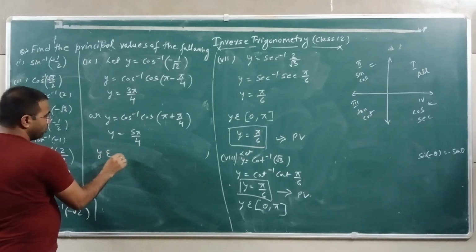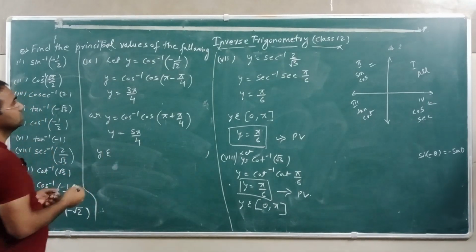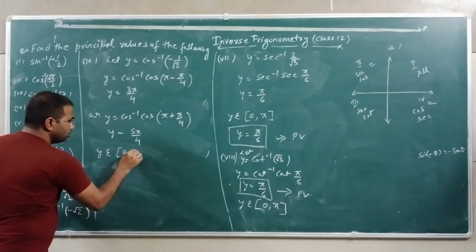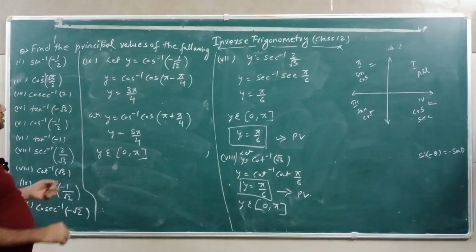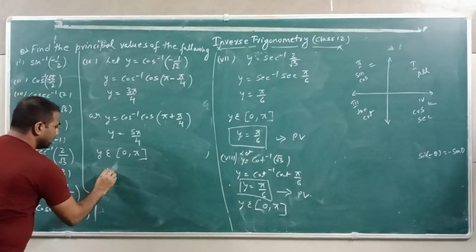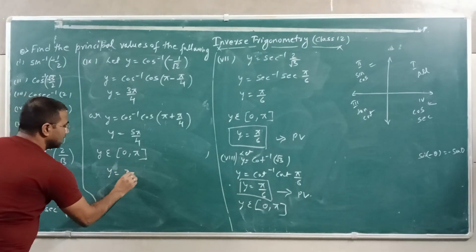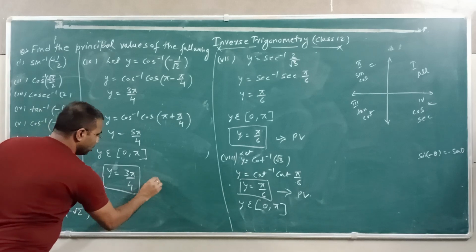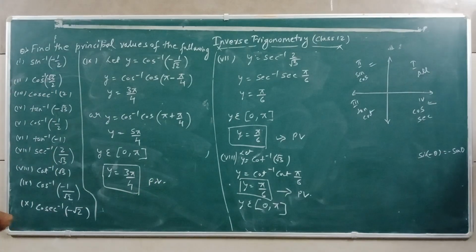But for the cos ratio, y will belong to 0 to pi, and see here 3 pi upon 4 belongs to 0 and pi. So y is equal to 3 pi upon 4 will be the principal value of cos inverse minus 1 upon root 2.